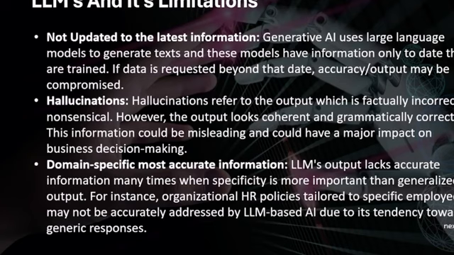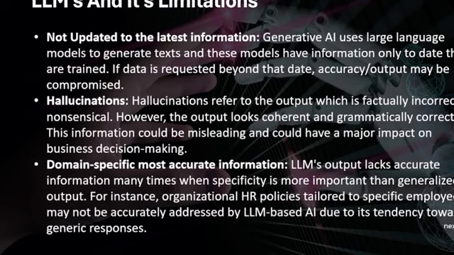It never says I am not trained on this data, can you please go and search the internet on your own? Instead, it starts giving you simply incorrect answers. That is called hallucination. When you question GPT, it doesn't give you the correct answer; instead it starts giving you random answers. That is called hallucination.